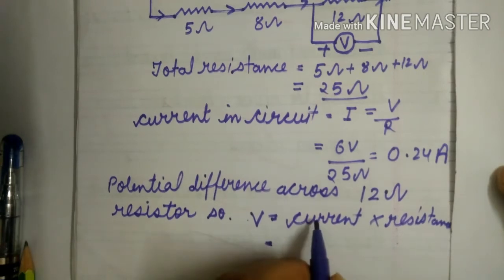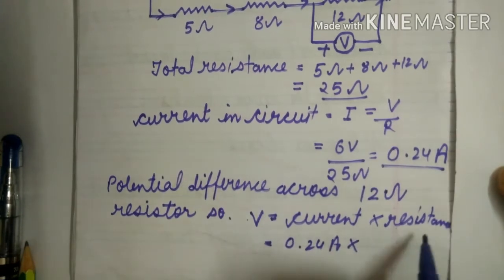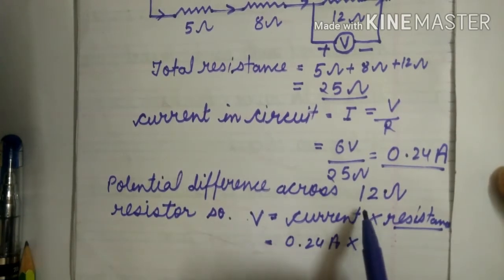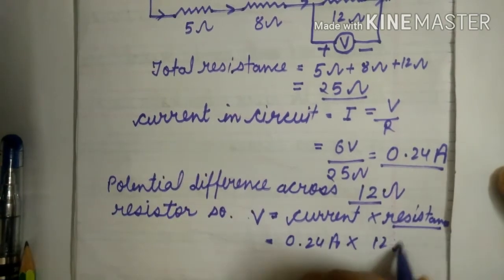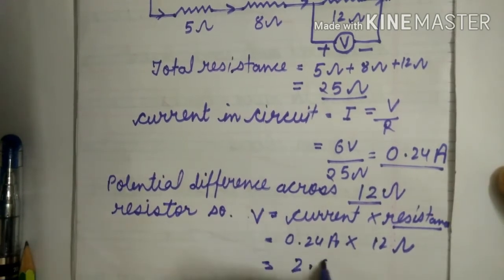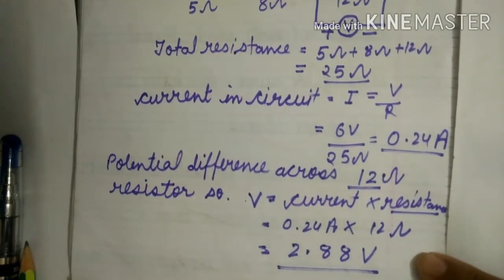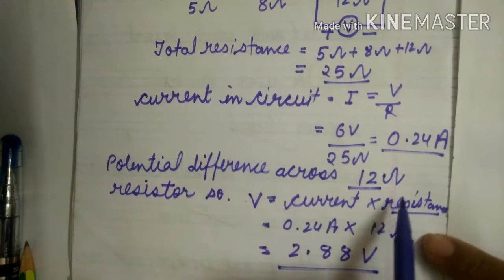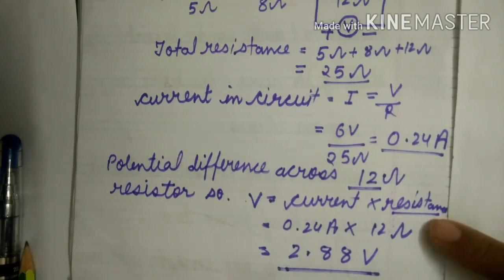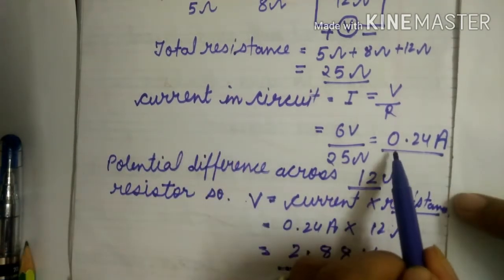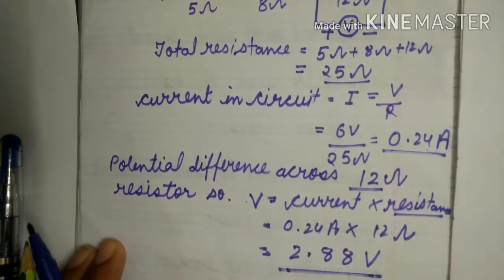So put the value of current, 0.24 ampere, and resistance: they want to know the potential difference across 12 ohm. So put here 12 ohm. So after solving it, 2.88 volt. So the potential difference across the 12 ohm resistor is 2.88 volt. Okay, and the current in the circuit is 0.24 ampere. The two things they have asked, so we have solved this.